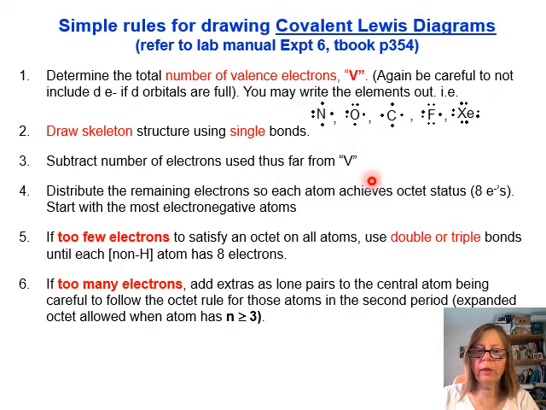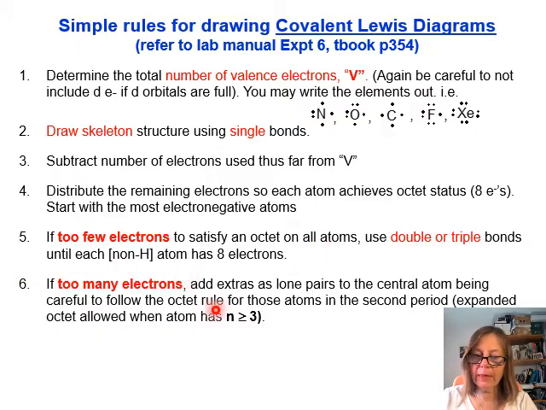Then we distribute the remaining electrons so each atom achieves an octet status, starting with the most electronegative elements. If we don't have enough electrons to satisfy an octet rule on all atoms, we use double or triple bonds to share electrons between these elements.